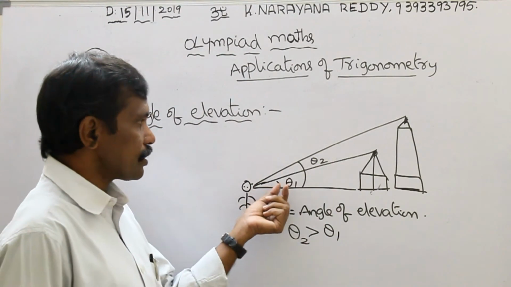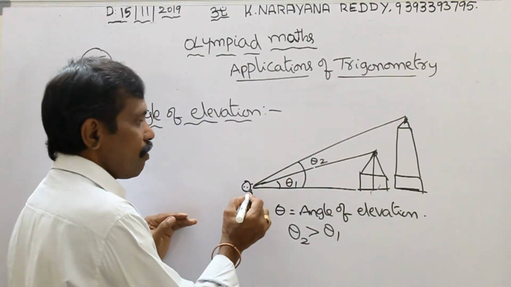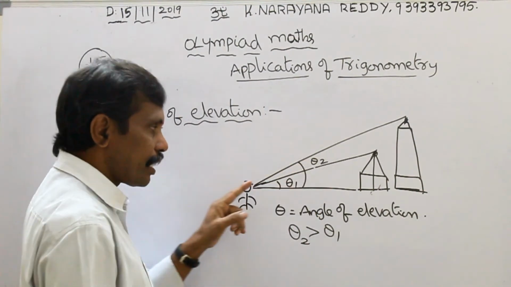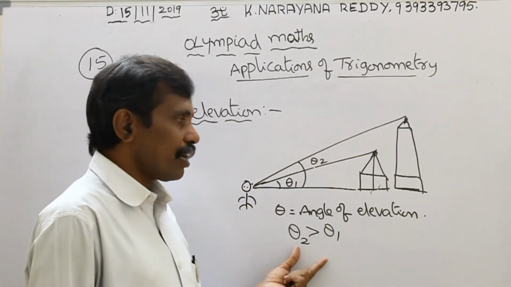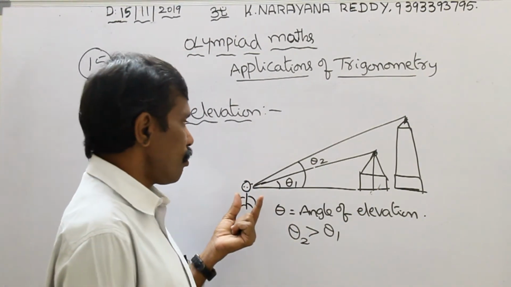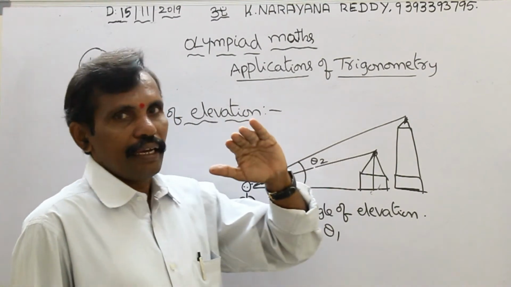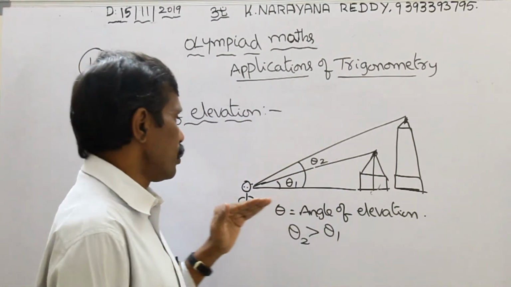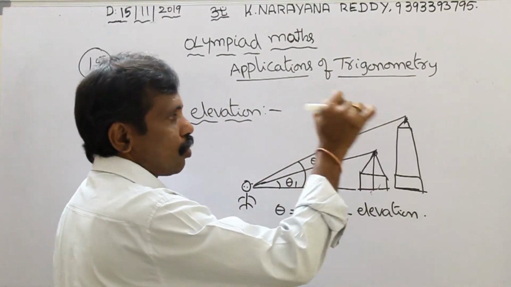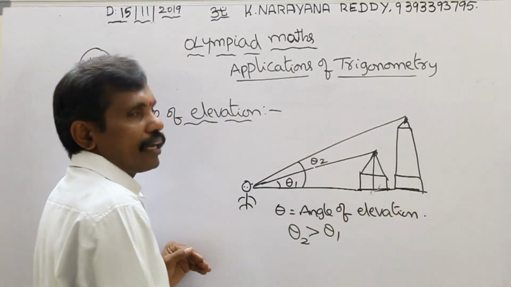This angle is less compared to this angle because angle of elevation is more in theta 2. That is angle of elevation. So, the person or the observer is raising the head to observe the object. That is called angle of elevation.